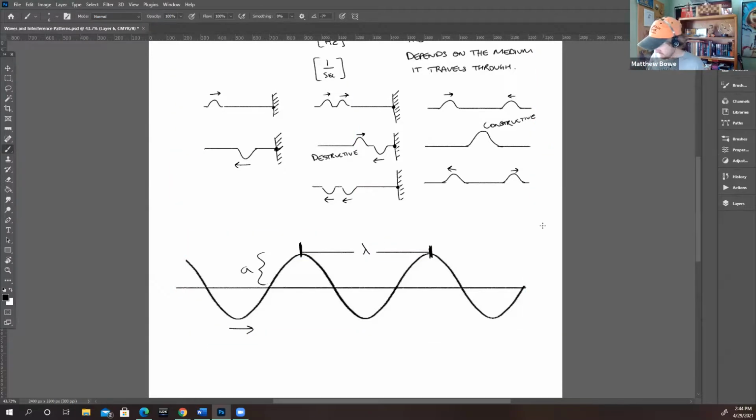Okay, and like I said before, with a frequency, just imagine there's this wall. It's not really a wall right here, it's just your imagination. You're imagining this, and someone is counting how many waves pass through the wall in a given time. That is frequency.